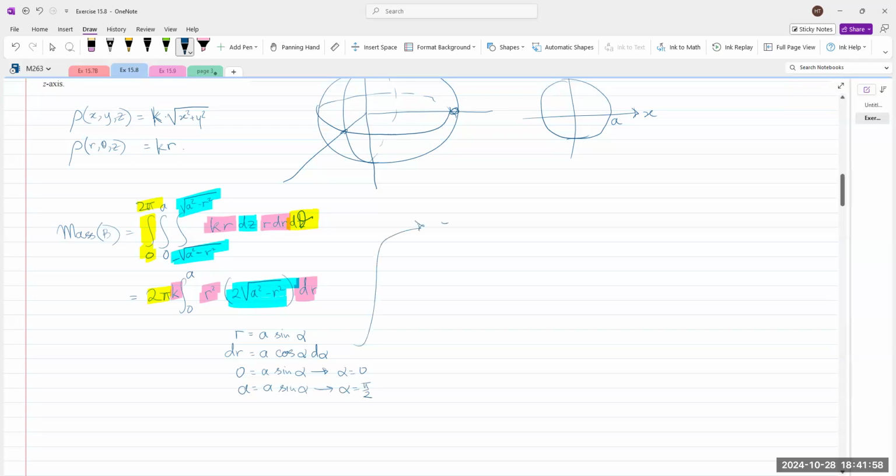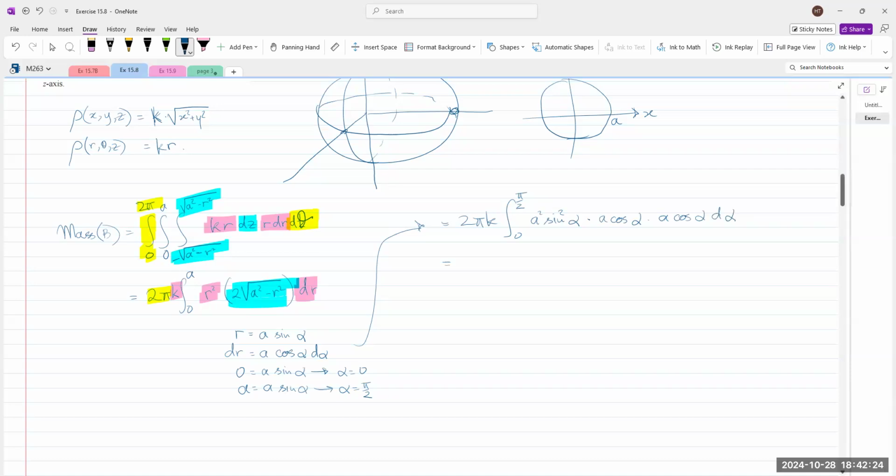So we get 2 pi k integral from 0 to pi over 2 of a squared sine squared alpha times a cosine alpha times a cosine alpha d alpha.